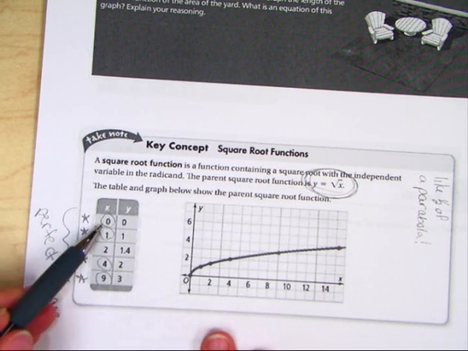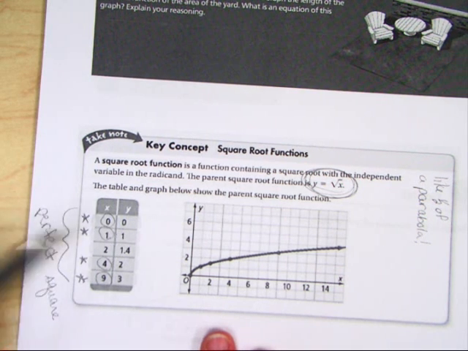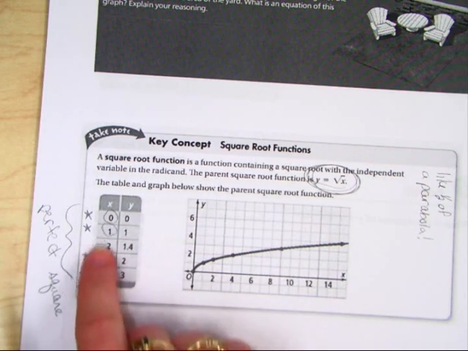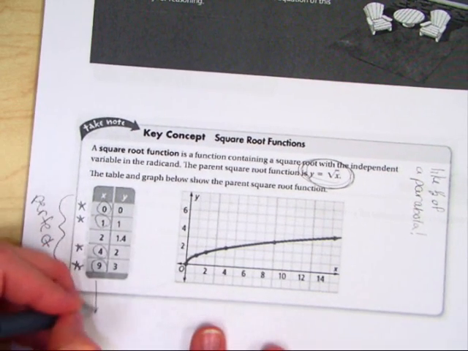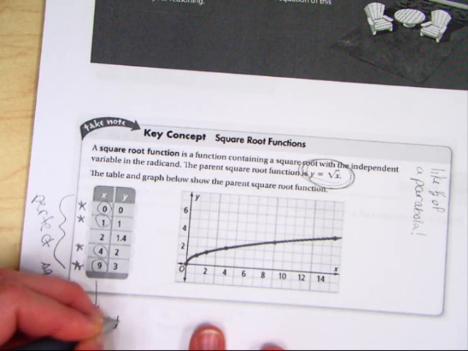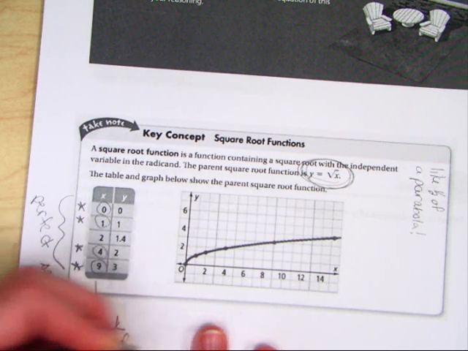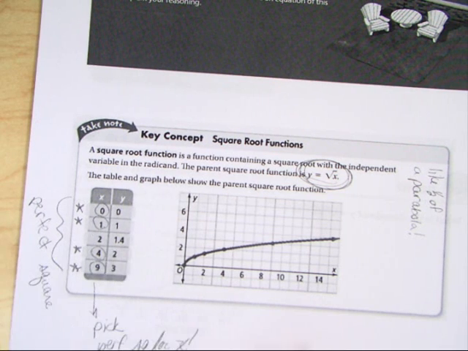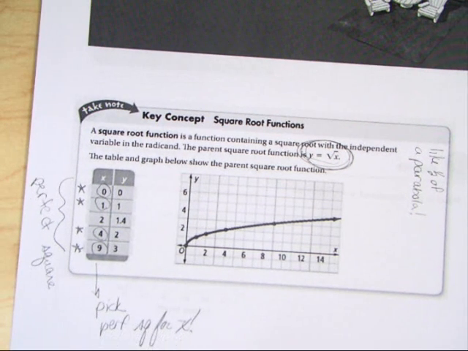Because the square root of 0 is 0, the square root of 1 is 1, the square root of 4 is 2, the square root of 9 is 3. These are the perfect values to pick for x. So we're going to write pick perfect squares for x. And I'm going to teach you if you ever have to change that fundamental thinking.